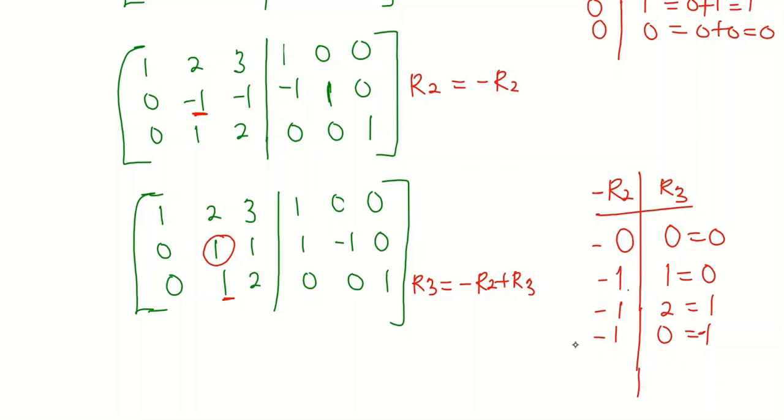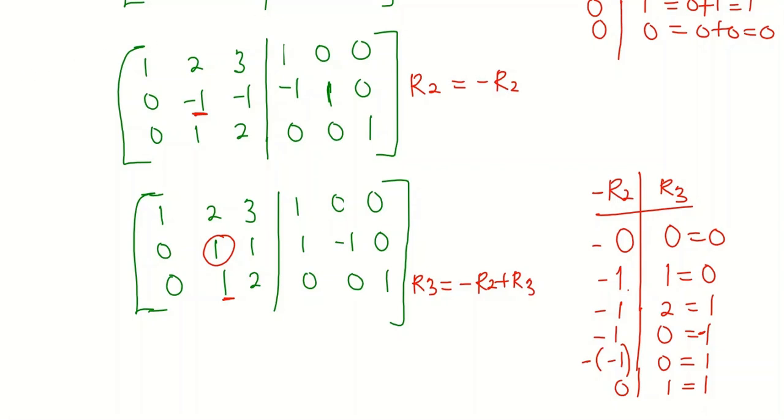And when we continue, we have -1 existing. And remember that we are subtracting, and in row 3, we have 0. And so when we add, we have 1. Then the last one is 0. And in row 3, we have 1. At the end, we are having 1 here.